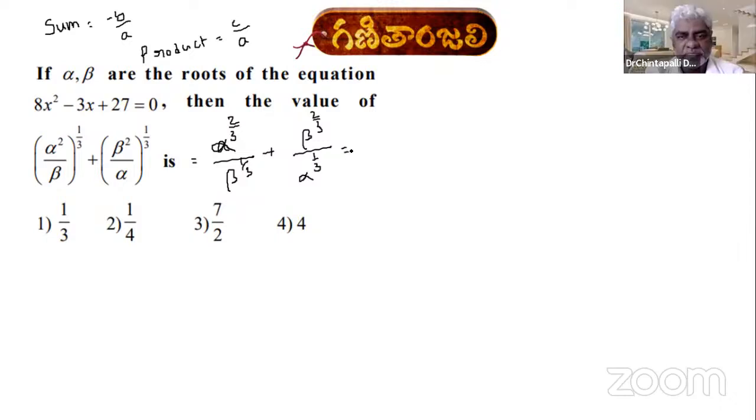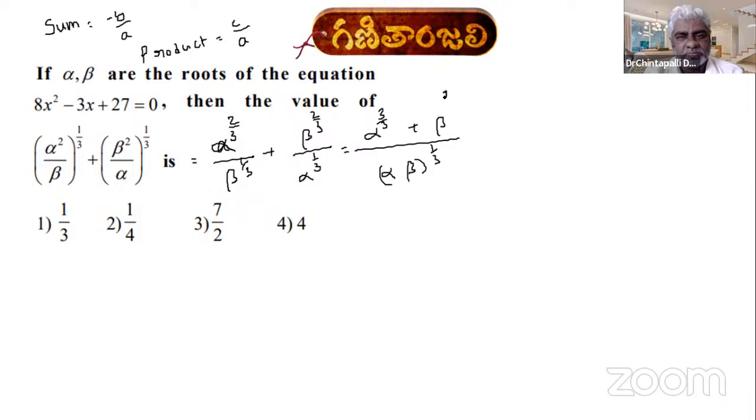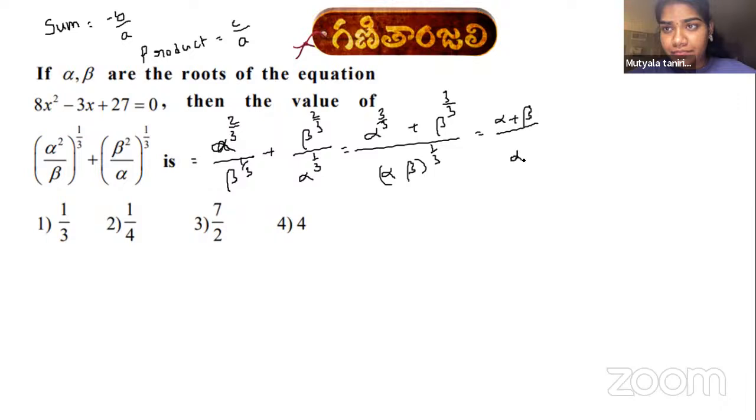Now LCM: alpha power 1 by 3 times beta power 1 by 3, or we can just write alpha beta whole to the power 1 by 3. By cross multiplication, alpha power 2 by 3 times alpha power 1 by 3 is alpha power 3 by 3, plus beta power 3 by 3. So simply alpha plus beta whole by alpha beta whole power 1 by 3.